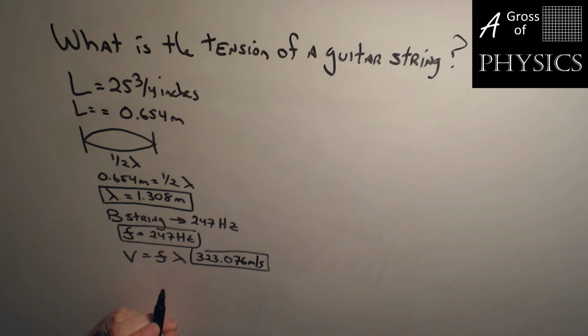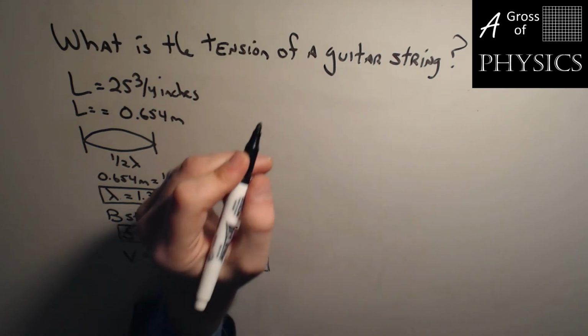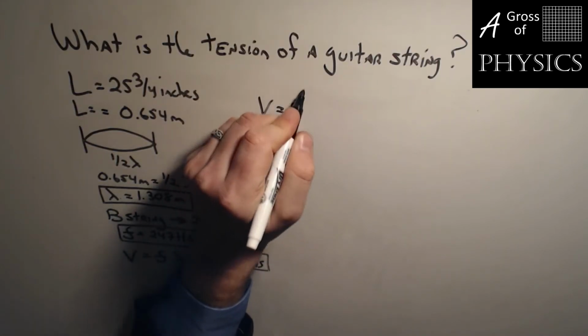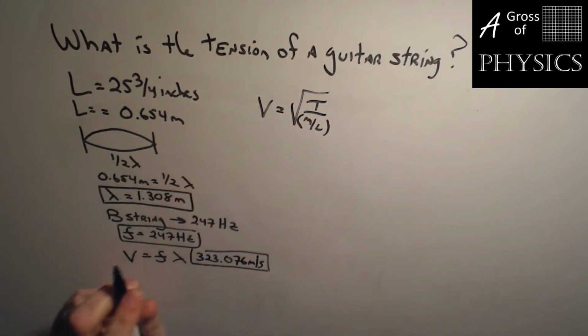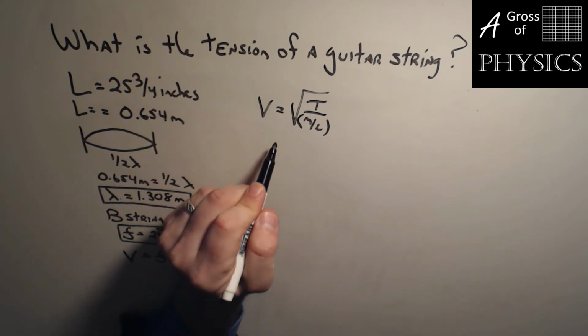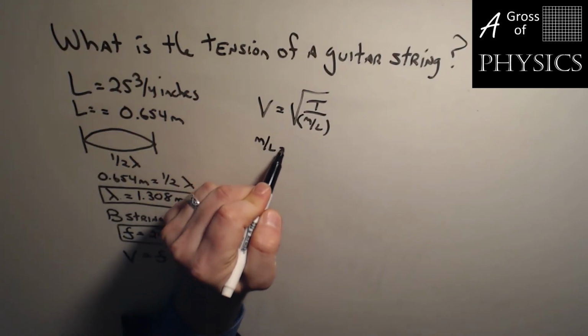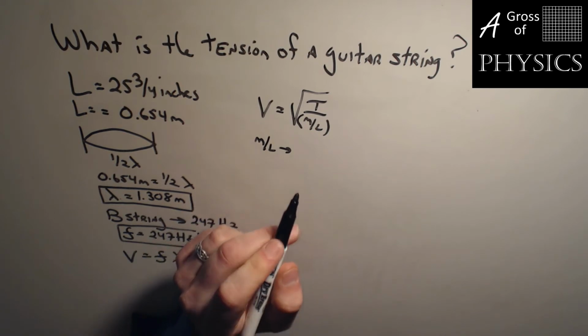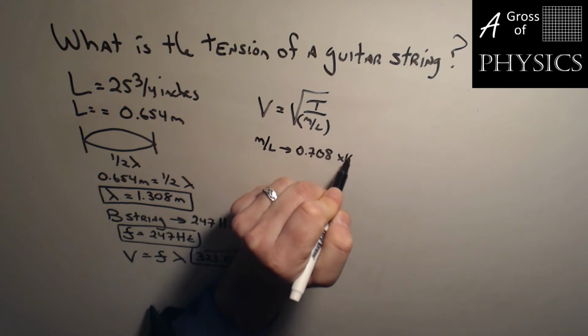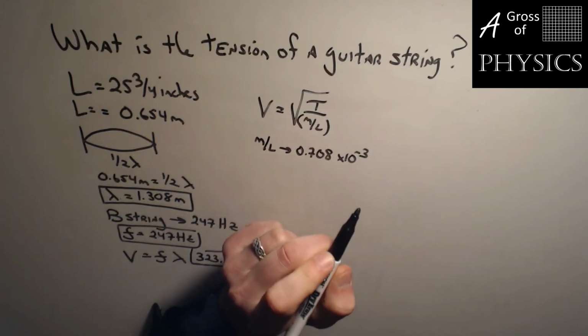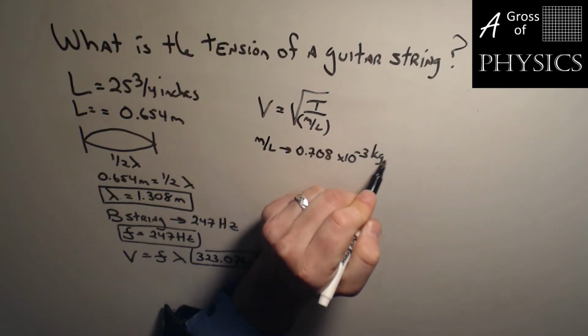Now the equation for the speed of a wave on a string is the square root of tension over mass per unit length. We already know V. We need to know the mass per unit length if we're going to find the tension. My guitar strings, I had to look this up as well. On the packaging, it said the mass per unit length was 0.708 times 10 to the negative 3 kilograms per meter.